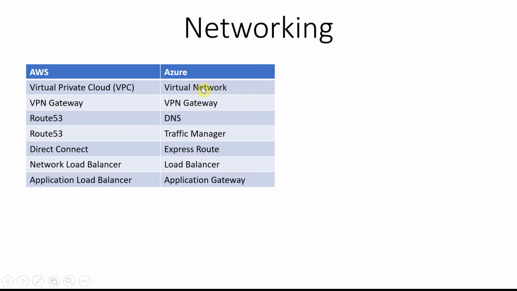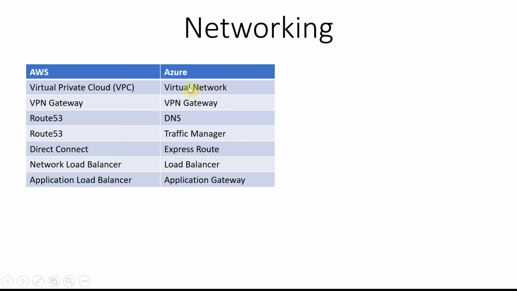AWS's is VPC. I think we covered enough on the VPC in the AWS side. When I was reading about Virtual Network, I found more or less everything is the same. You have all the general networking concepts. You can create a virtual network with an IP range, then you'll have private subnets, same as under a VPC.